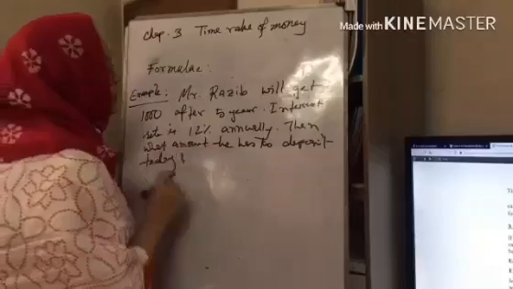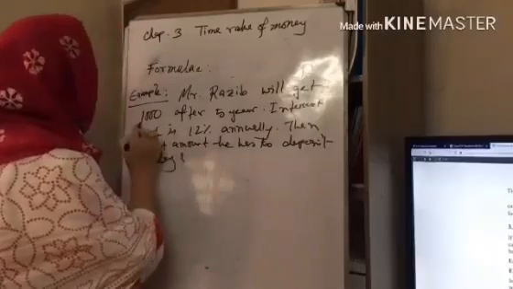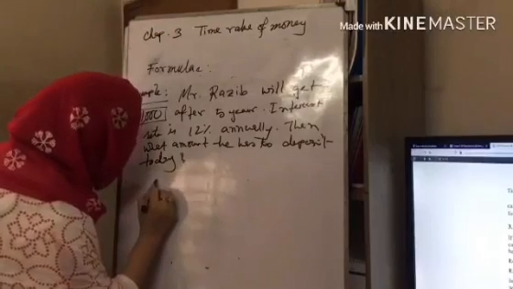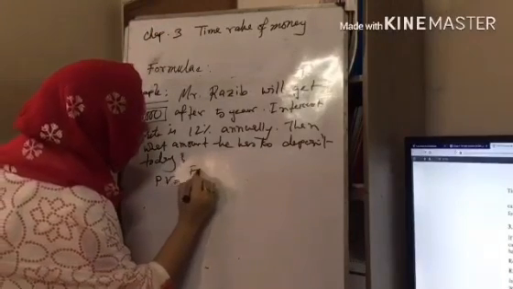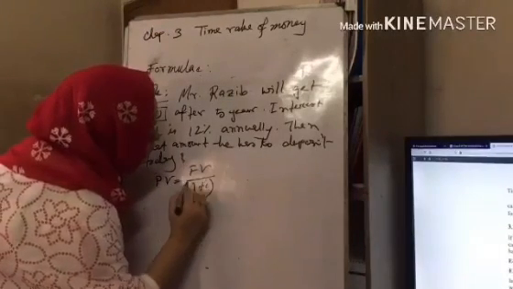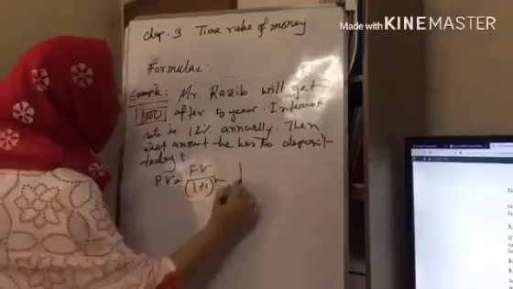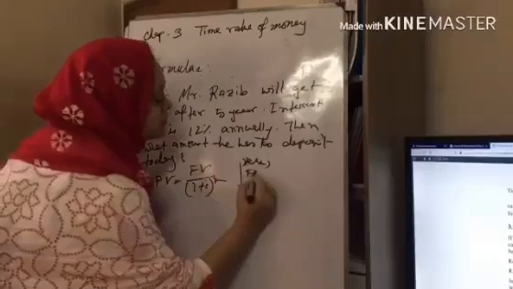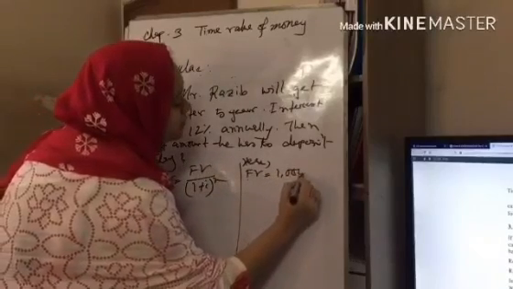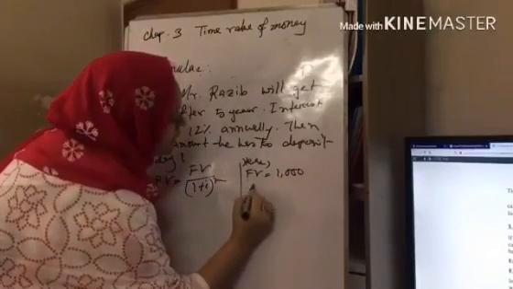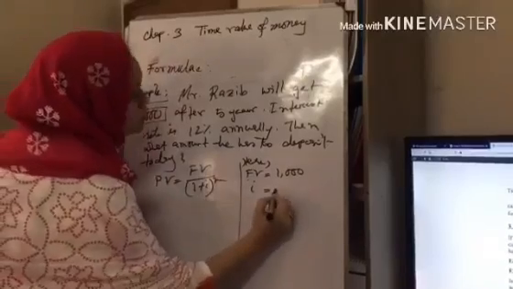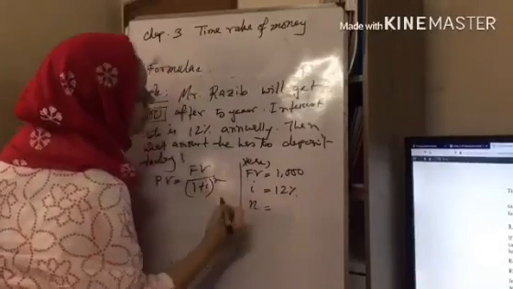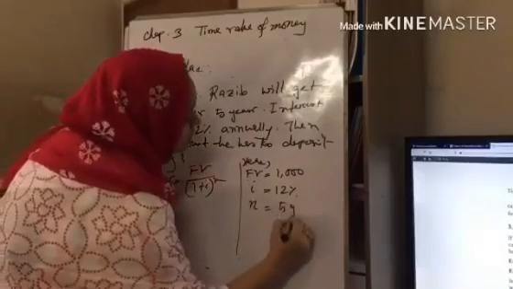I can find the present value of this 1000 taka by this formula. Present value equals future value divided by 1 plus I to the power n. Here future value is 1000 taka, the interest rate I is 12%, and the number of years n equals 5.